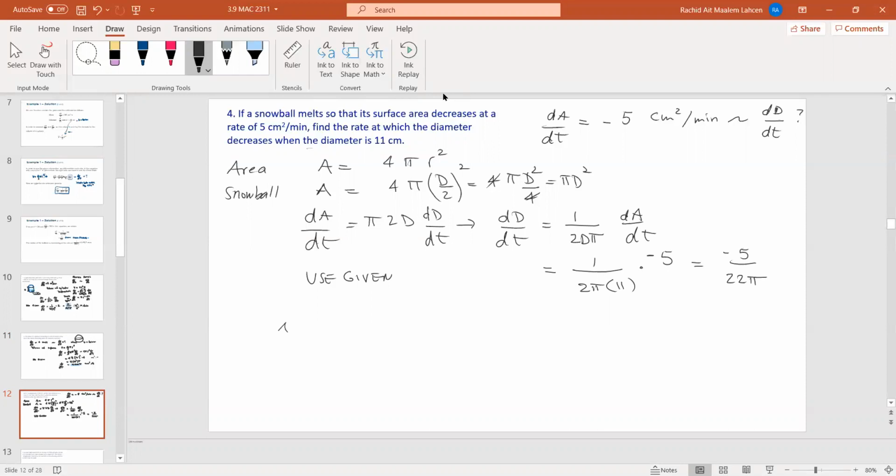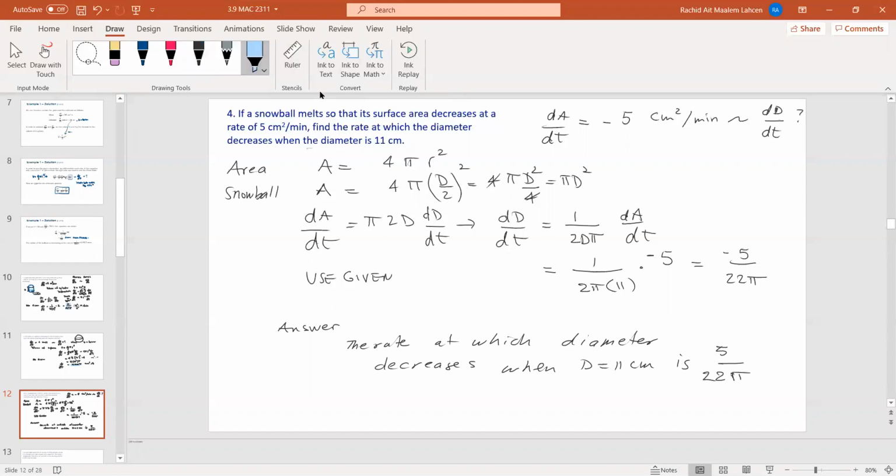For the answer, the way you will say this is: the rate at which the diameter decreases when the diameter is 11 centimeters is 5 over 22 pi.